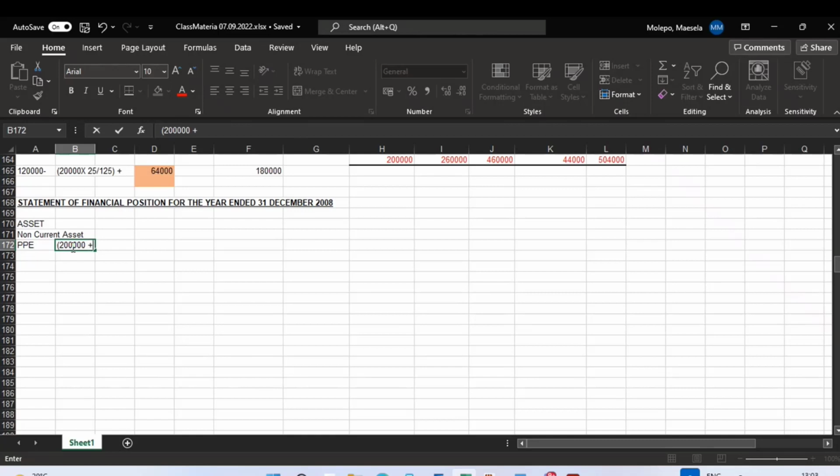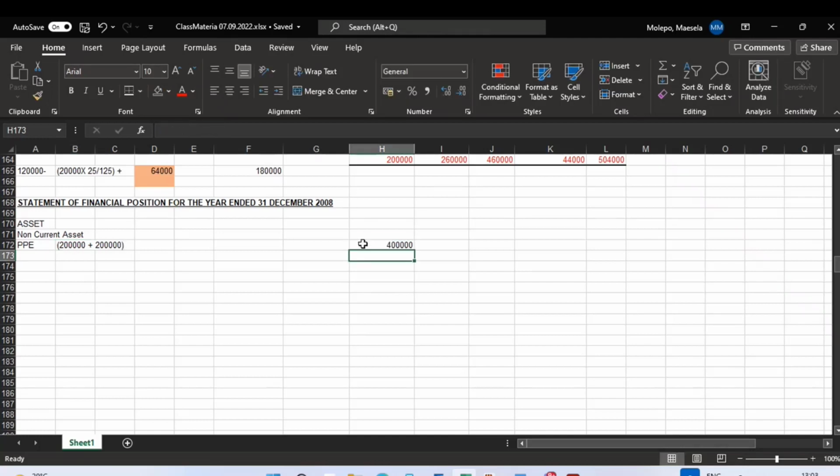And then for the subsidiary, it's also 200,000. Yes. And we have 400. Then we go to the current assets.